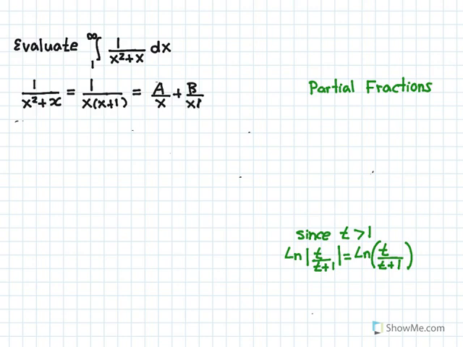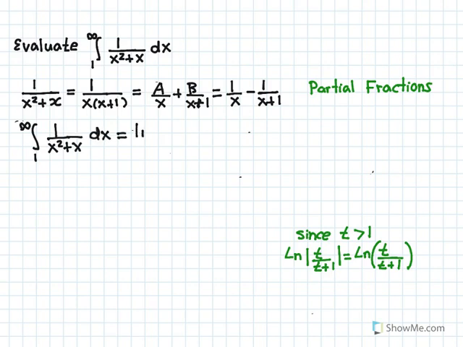If we apply partial fraction decomposition, a is 1 over x, and b is negative 1 over x plus 1. That's very easy to do, and we've already done a module on partial fractions, so you can easily do that at home.